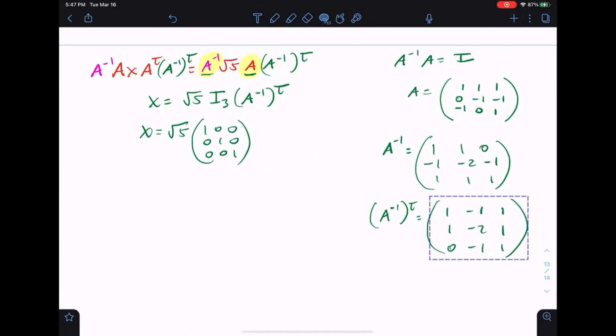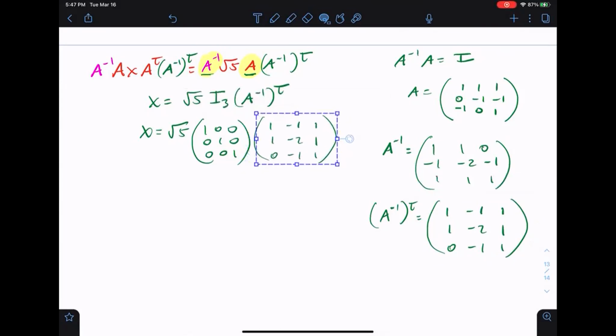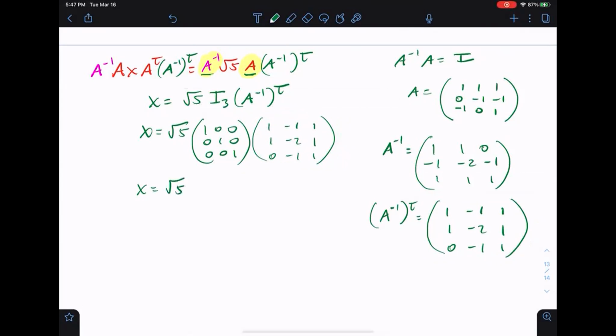Let's do that. Yeah, so if we do that, at this point, it doesn't matter. I told you that 5 doesn't affect too much. So we can use the dot product for the I3, which is the identity matrix of a 3 by 3, and the A inverse transpose, right? So I'm going to keep this until the end. So let's do the dot product. So we have 1 here.